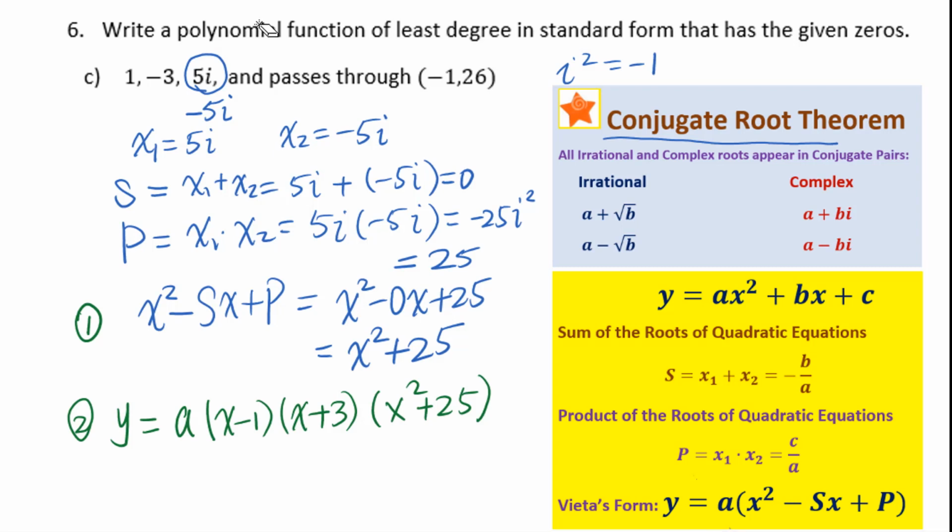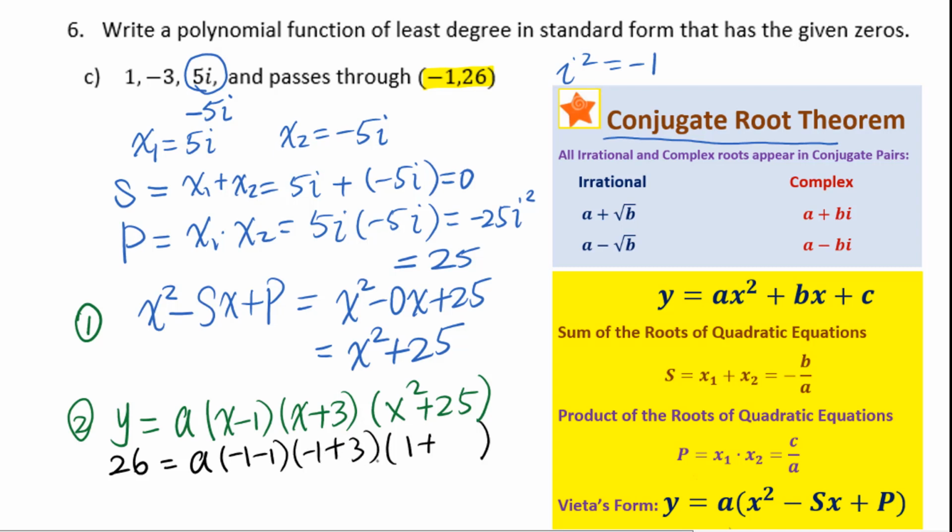Using this given information, (-1, 26), we can figure out a. y equals 26 equals a times: x is negative 1, so negative 1 minus 1, negative 1 plus 3. Negative 1 squared is 1, then plus 25.